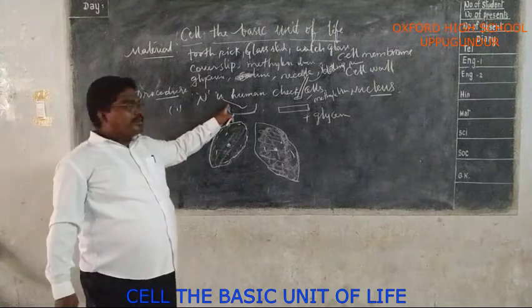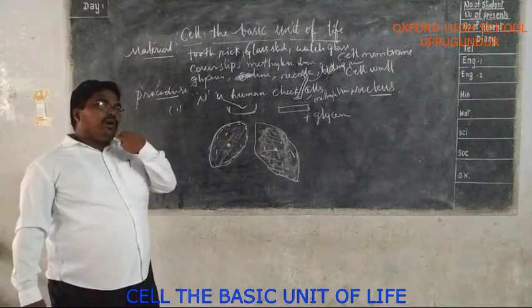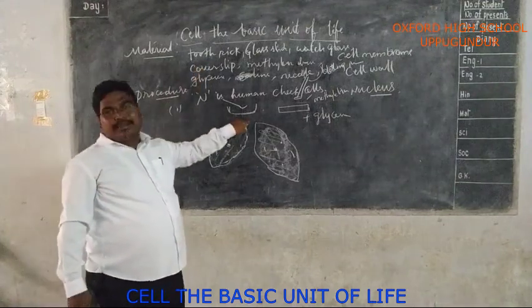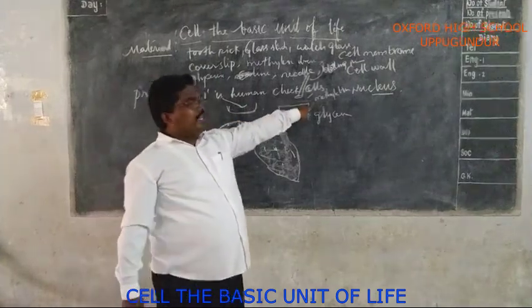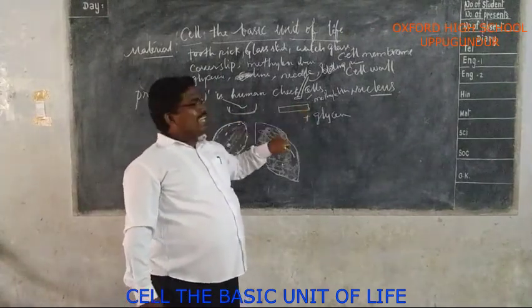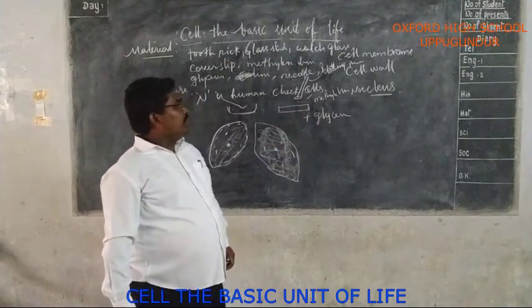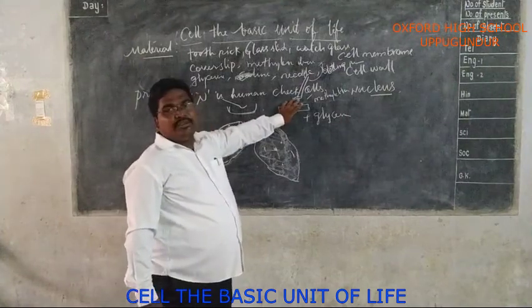To observe the nucleus in the human cheek cell, scrape the internal lining of your mouth with the help of the toothpick and place this in a watch glass which contains normal saline. Transfer this material onto the slide, add methylene blue and wait a couple of minutes. Next, add glycerin to it and wipe the excess stain.